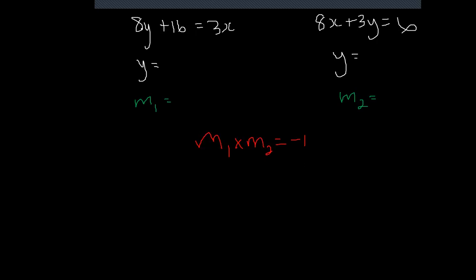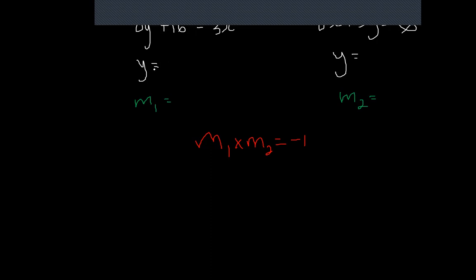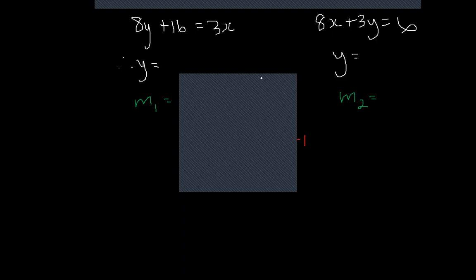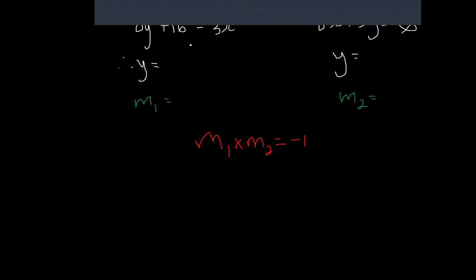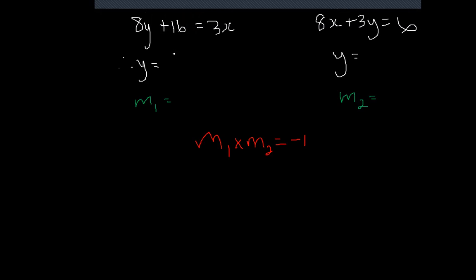First one, I want to write this in the form y is equal to mx plus c. Can anybody tell me what they got for y in this case? Yes, I got 3/8x minus 2.